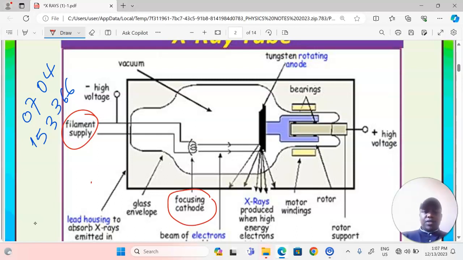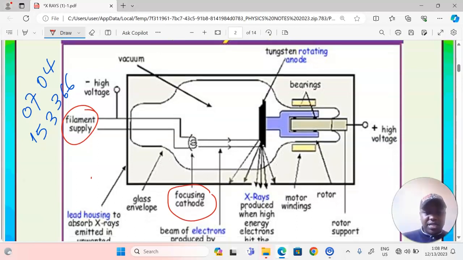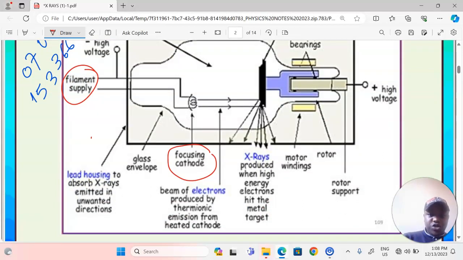Now, this dislodging, or rather this emission of electrons from the metal surface through heating, is what we call thermionic emission. So briefly, we can say by the process of thermionic emission, electrons are emitted from the focusing cathode. Once electrons have been emitted, you can see this is a stream of moving electrons, a beam of moving electrons.